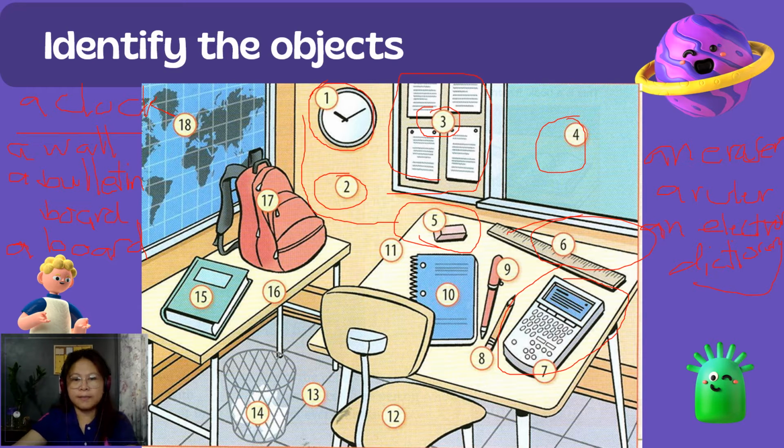Number 8, we have a pencil. Number 9, a pen. Yes, we have a pen. Number 10 is a notebook. We have a notebook. Number 11 is a desk, or you can say a table, a student's table.